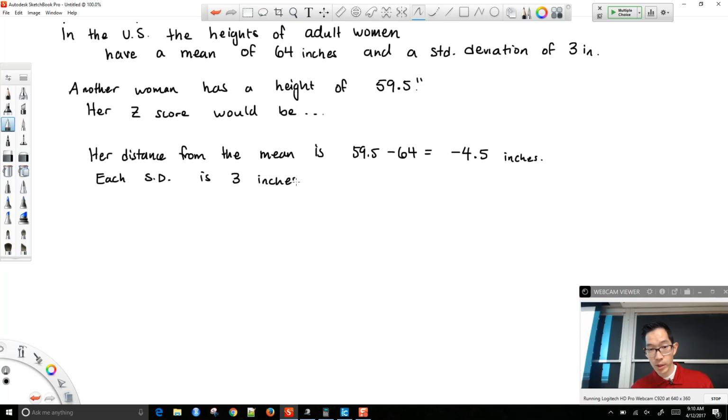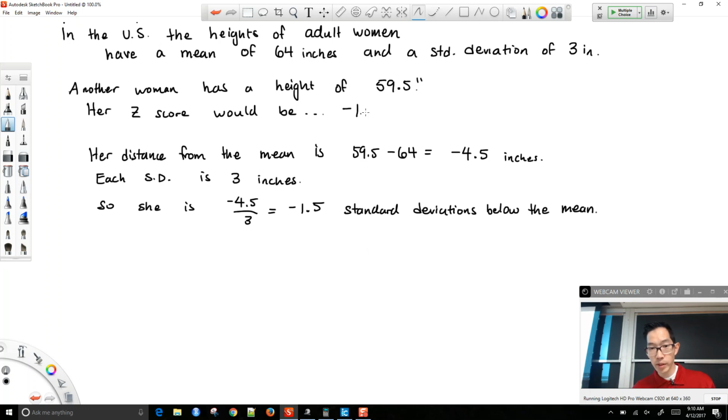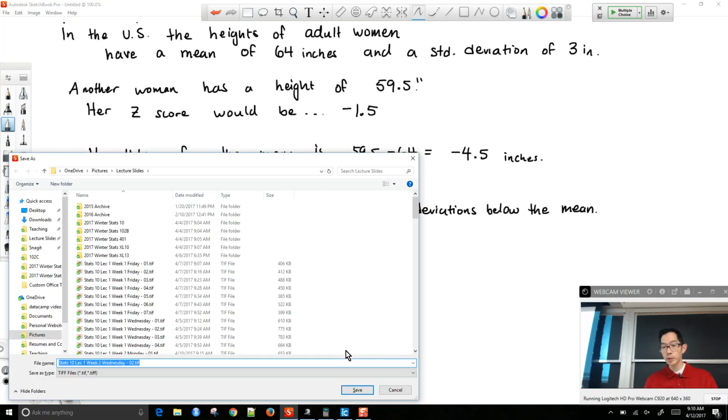So how many standard deviations is she from the mean? She is 4.5 divided by 3. She is 1.5 standard deviations below the mean. Okay, so therefore her Z-score would be negative 1.5. Okay, is that all right with everybody?